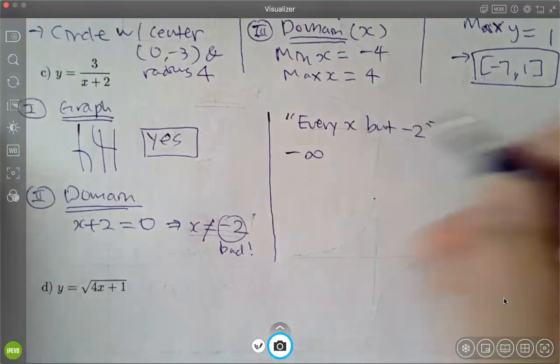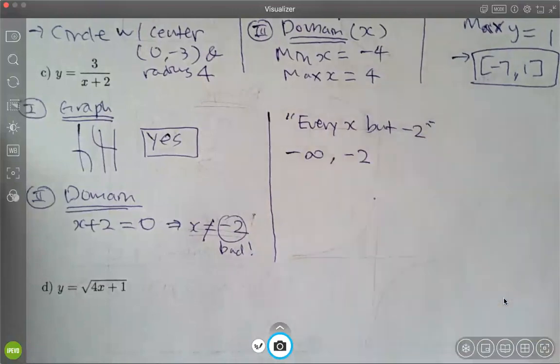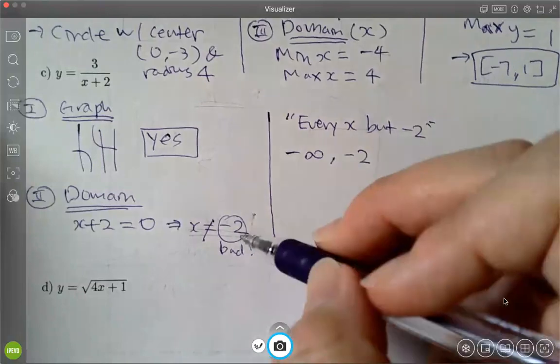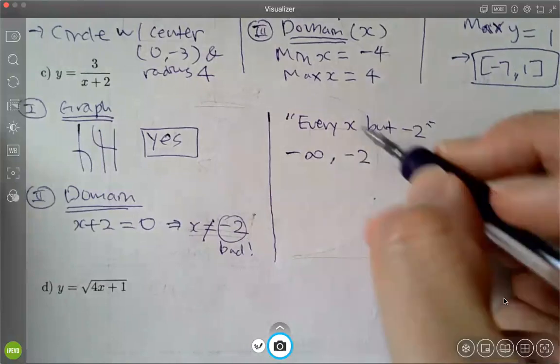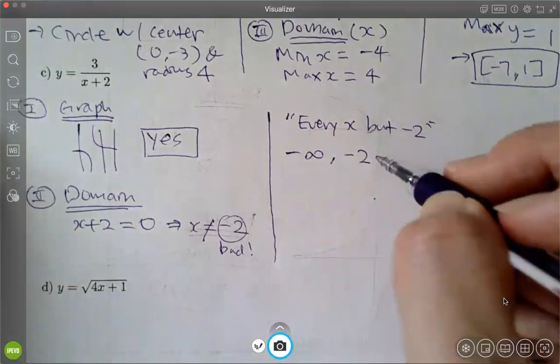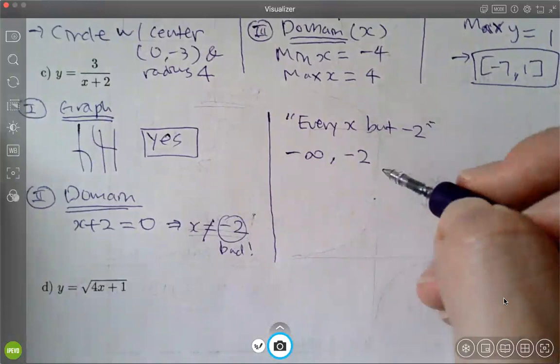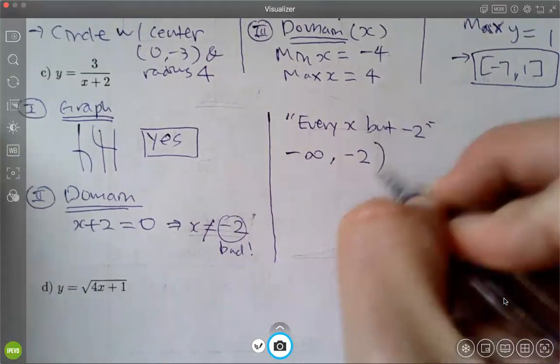At some point you will hit negative 2, but you are removing that negative 2, so what symbol do we put around it? Parentheses.